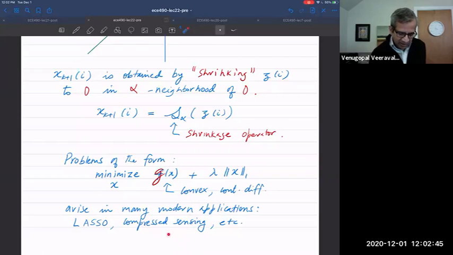It also naturally arises in compressed sensing problems. Some of you might have encountered that, maybe in the papers that you're looking at for your project. There, essentially what you're trying to do is find an approximation to a vector that has as few non-zero entries as possible to explain something.